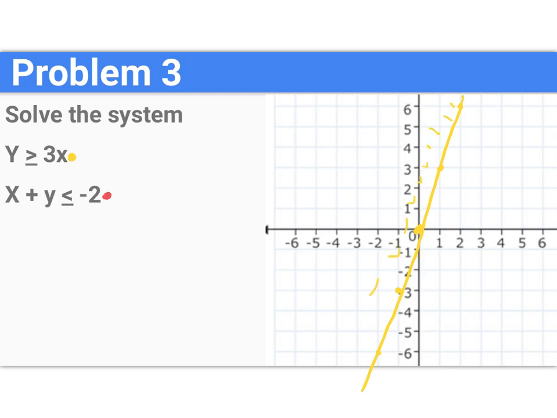All right, now let's graph the red one. Move the x over. Y is less than or equal to negative x minus 2. When x is 0, y is negative 2. Down.